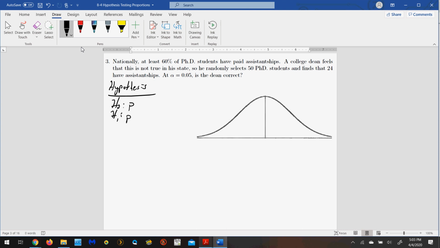So he would be claiming that it's less than 60%, which means I will have a left tail test. Alpha is 0.05. Leftover there would be 0.45, which again gives you negative 1.645, like the previous.